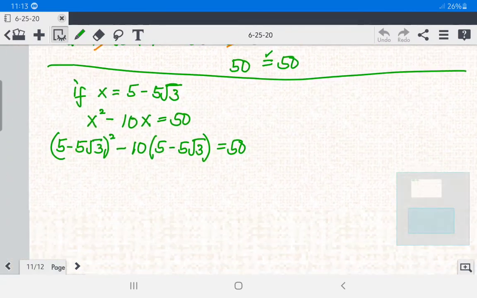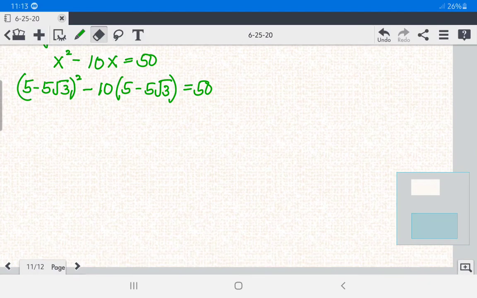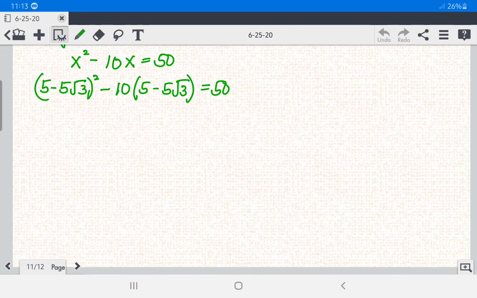So the first term here is 5. Okay, so notice that the first term is 5. The second term is 5 square root of 3, right?